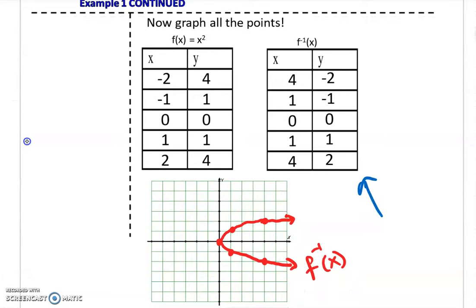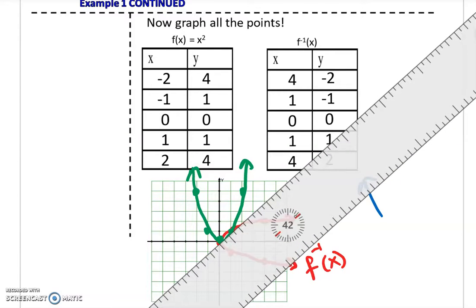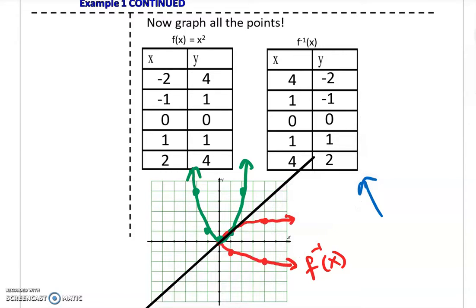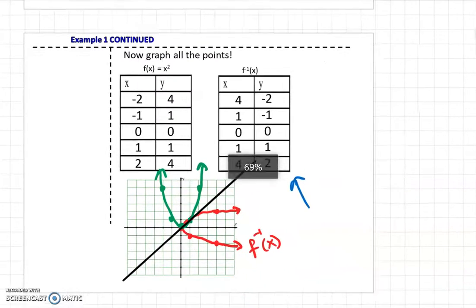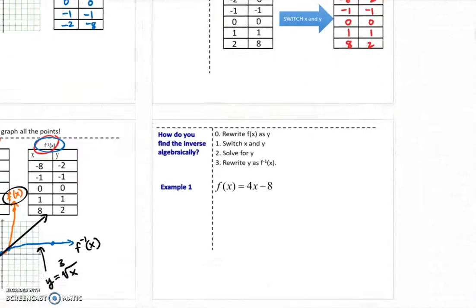If we look at the parent function, in green, and here's your line y equals x, we can see that it's a reflection across the line y equals x. So inverses, graphically, will reflect across the line y equals x.